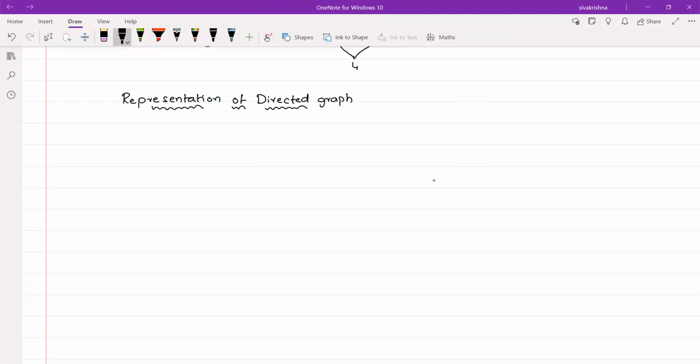So how can we represent a matrix for the given directed graph? Okay, so that I am writing the definition.